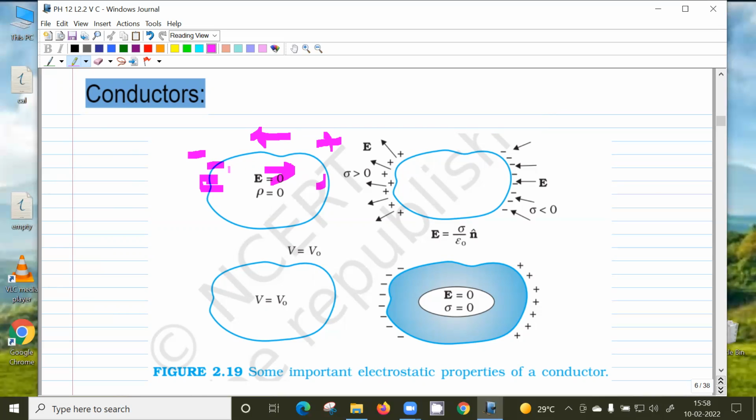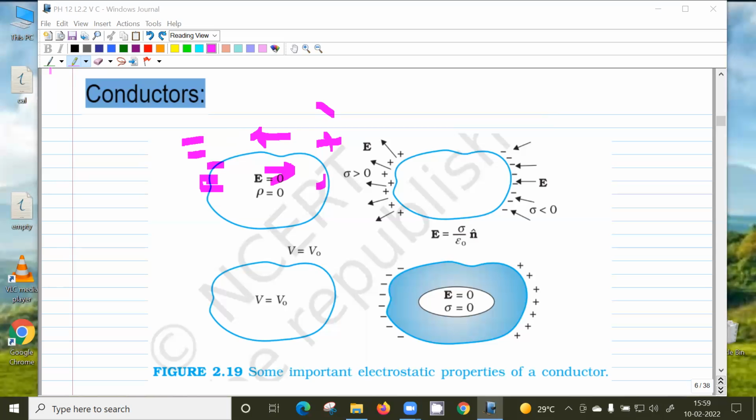If it is not cancelling, further movement of electrons will take place. So more negative charge will be here, and more positive charge will be here. This movement will keep going on until the net value is 0. So this E is the net electric field inside a conductor. It will be 0. If it is not 0, then the electrons will start moving until it becomes zero. Is that clear?